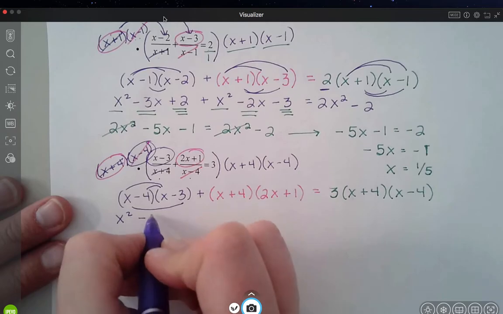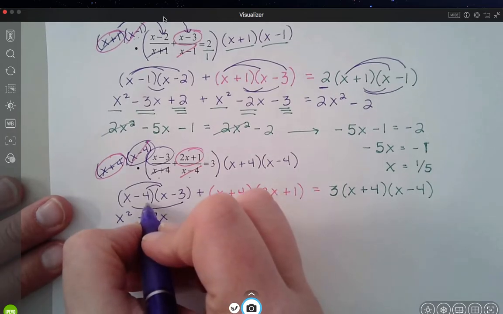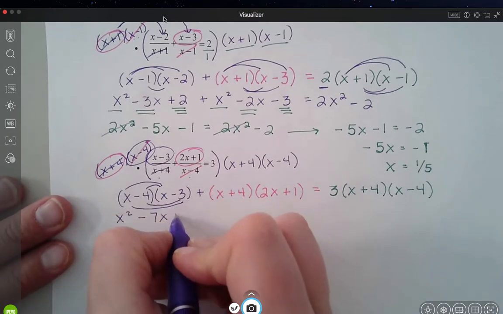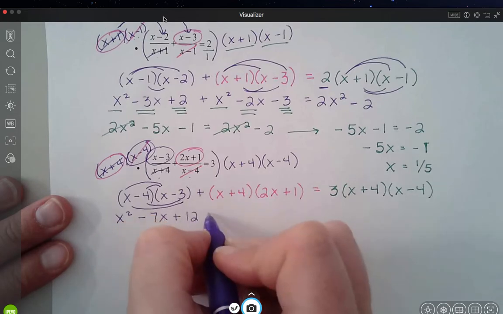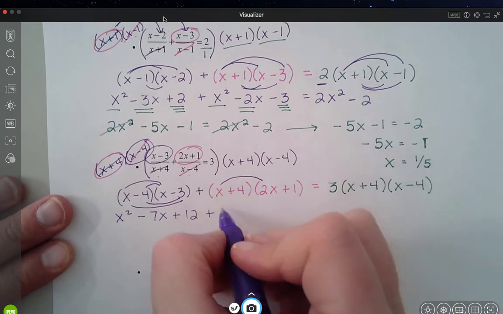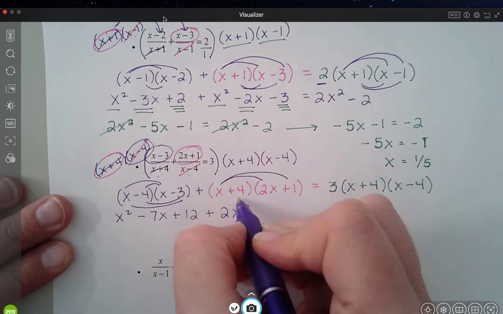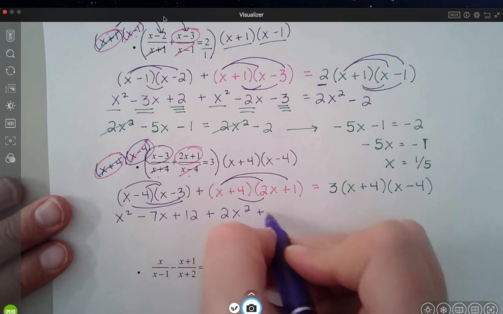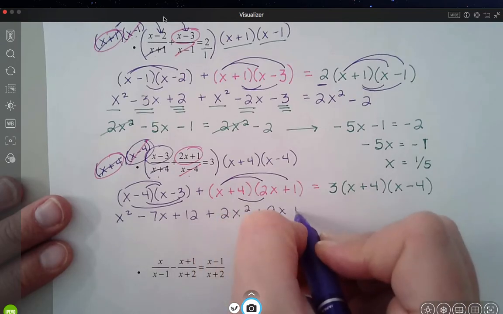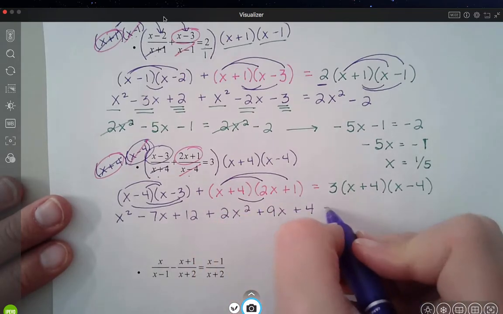So that's minus 7x. And then negative 4 times negative 3 is positive 12. x times 2x is 2x squared. Then I have 1x plus 8x, so 9x. And 4 times 1 is 4.